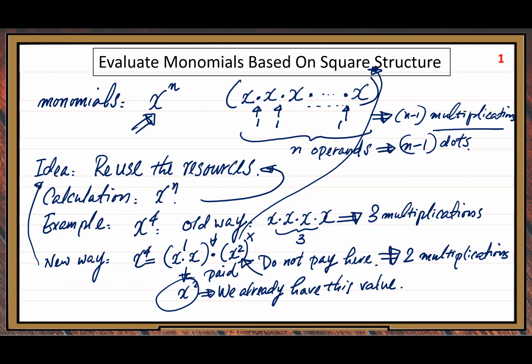We need to use computing resources to do multiplication. That's what we mean by pay. But if you only look at each x, there is no multiplication involved. That means we do not pay anything. So that's why we do not say we pay. So we just put it there.